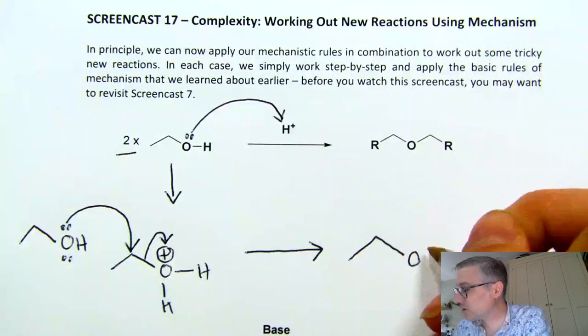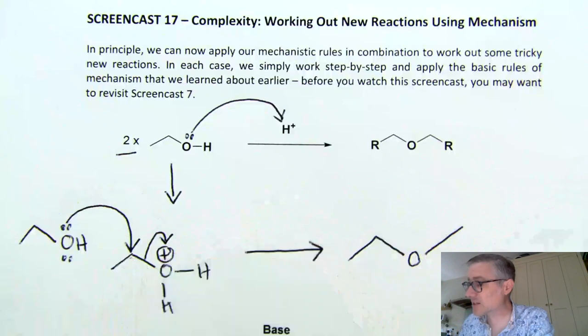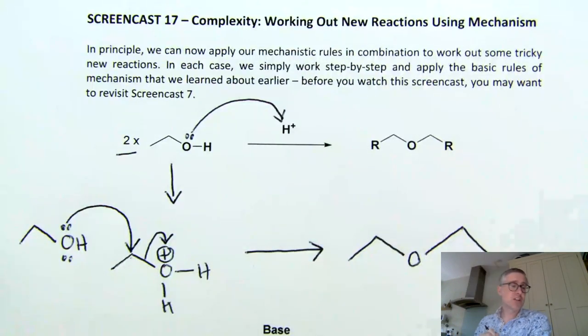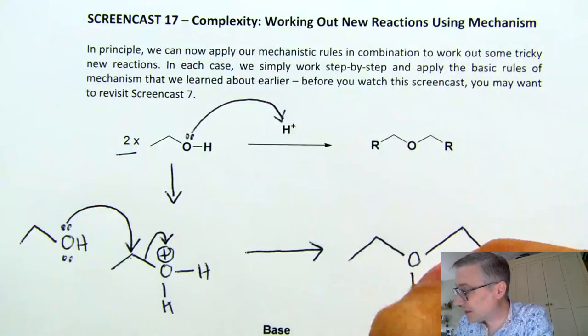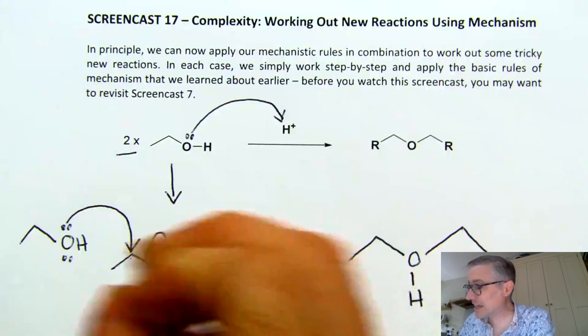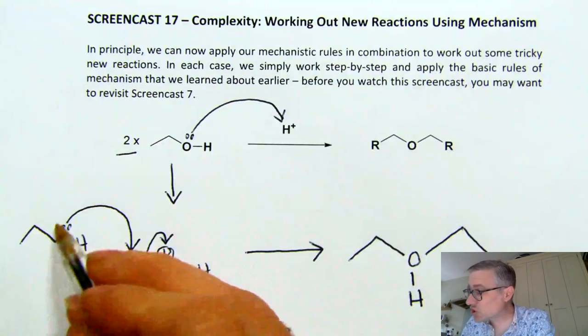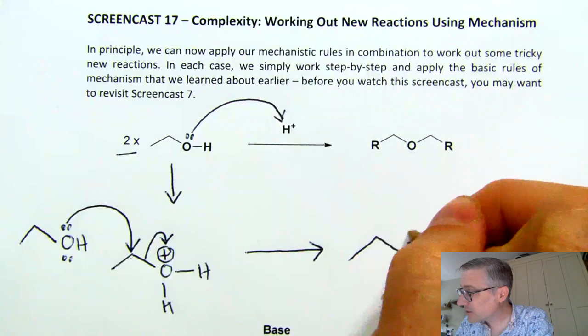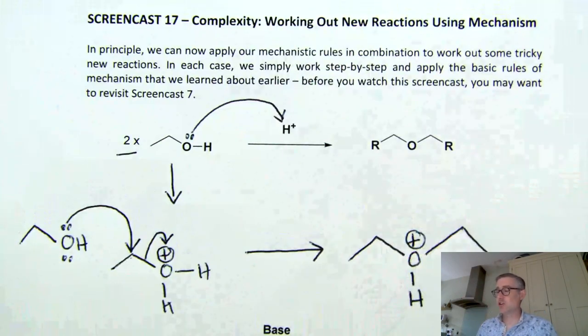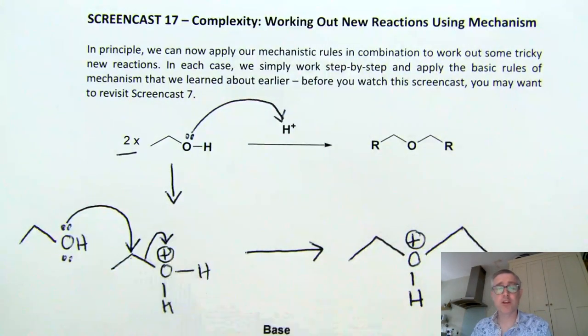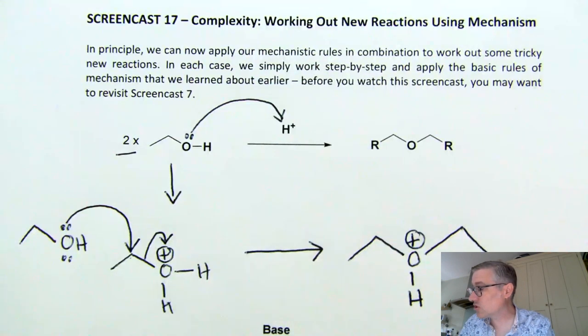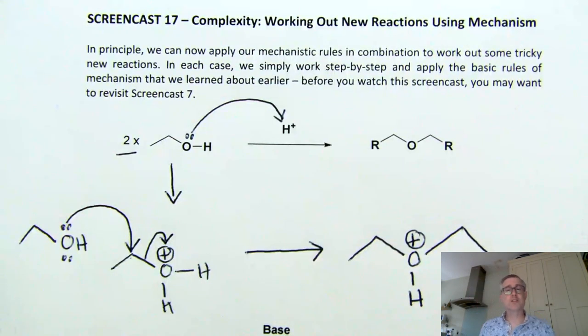We have an oxygen that's made a bond to this carbon that's bonded to another carbon. It still has an H attached to the oxygen. It's sharing its lone pair, so that gives it a positive charge. And what's fallen off the molecule here is H2O. Water is a byproduct.